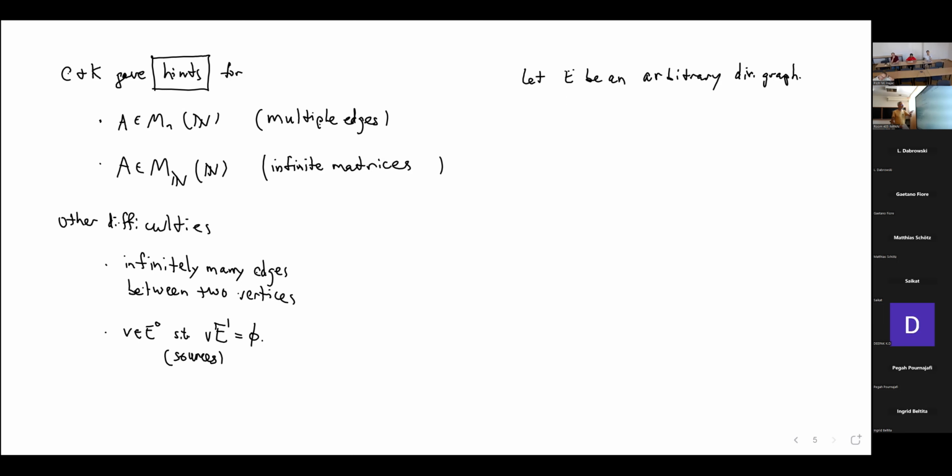There might be multiple edges between vertices. There might be sources. There might be some pair of vertices with infinitely many edges going through them. Any countable directed graph. Okay, great. So again, it's not clear what goes wrong with any of this if it's uncountable, but I think the usual strategy is to say countable just so you don't run into trouble with something you've never thought about.